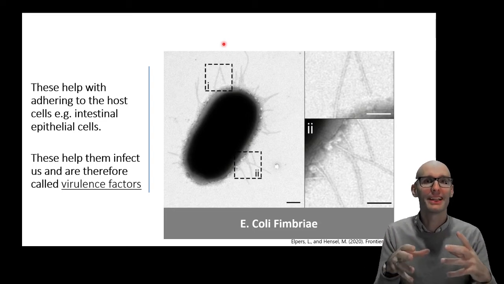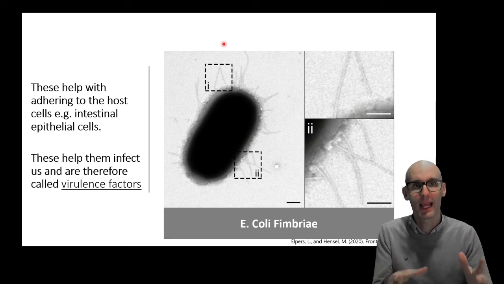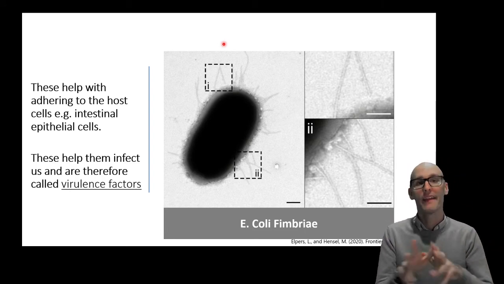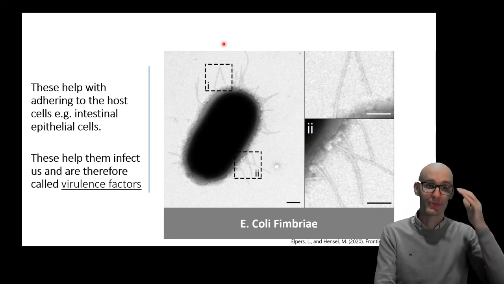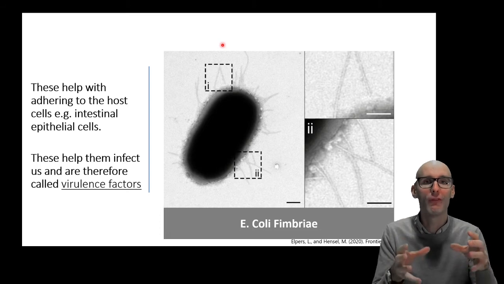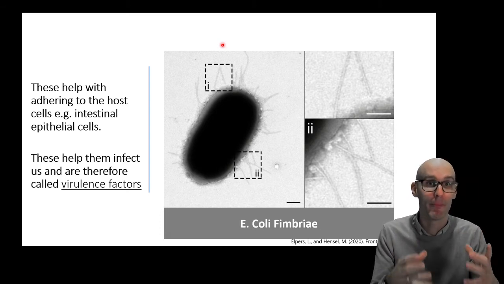It can't actually stick to any of our cells, and so it stops becoming a pathogen. It cannot infect us and cause disease. And that's really handy if you want to go on and research it, for example. And that's because we've removed a virulence factor, and a virulence factor helps it become a disease.